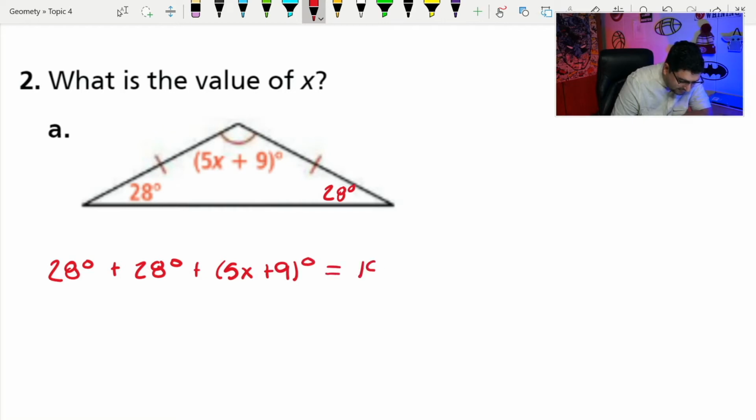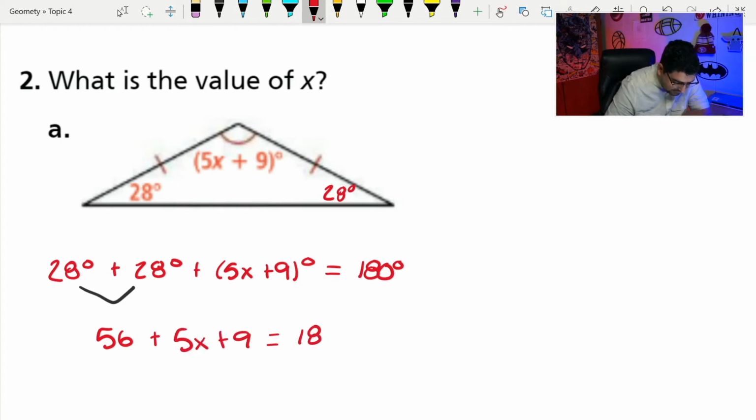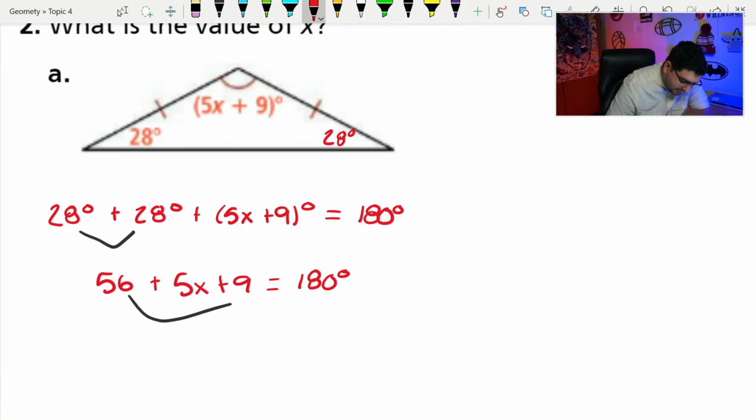All of that together has to equal 180 degrees. Now it becomes an algebra problem that I need to solve. Adding these two 28s, we get 56 plus 5x plus 9 equals 180. I can add this 56 and this 9, which gives 65 plus 5x equals 180.